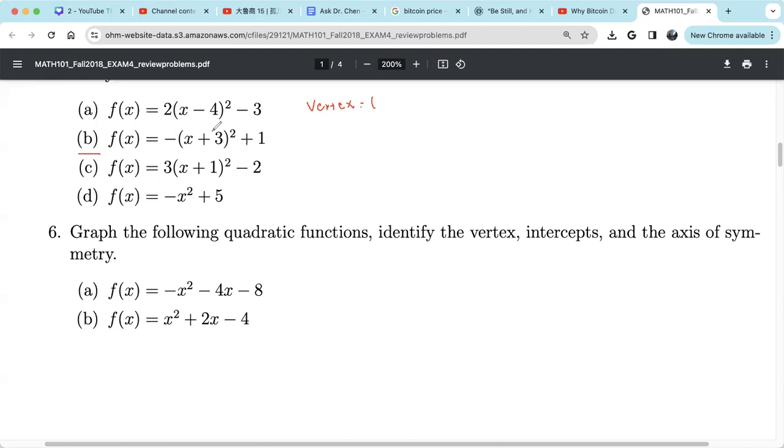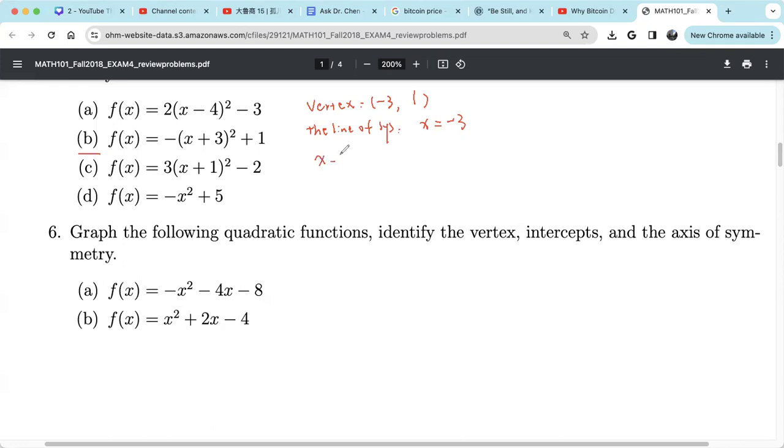So this is minus 3, so the x value is negative 3. And the y value is 1, because of the form (x minus h) plus k. Once we have the vertex, we know the axis of symmetry, or the line of symmetry. It's just the x value. We write the equation x equals negative 3.